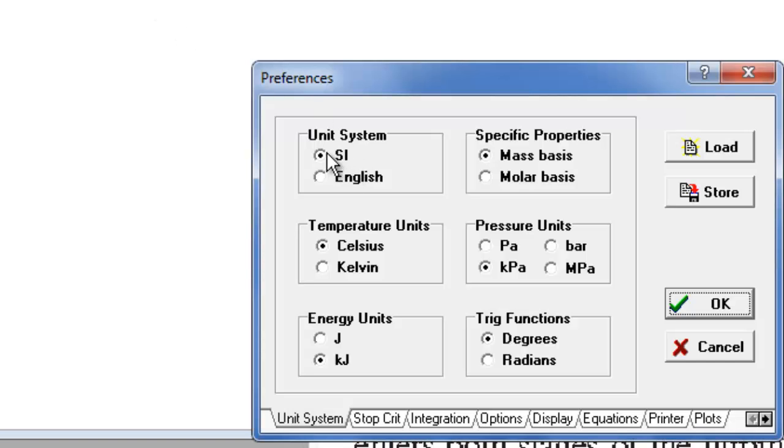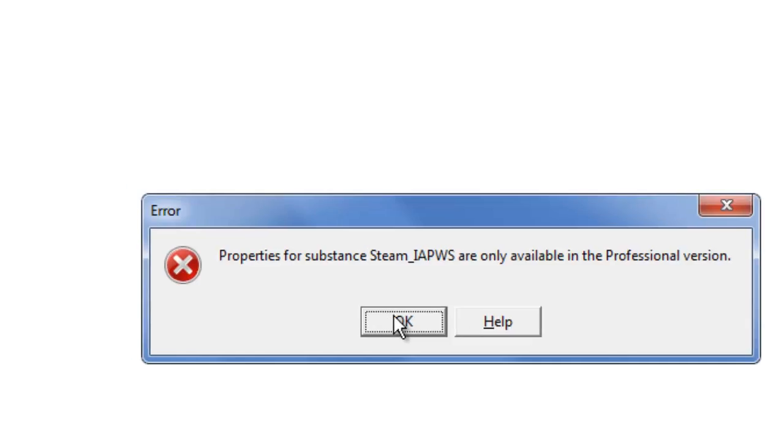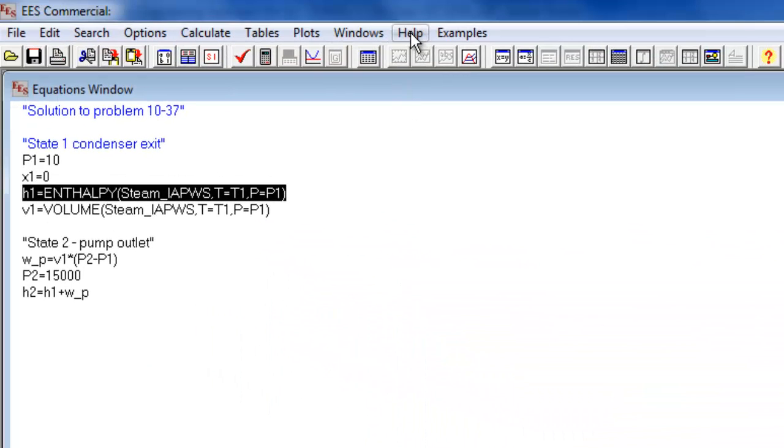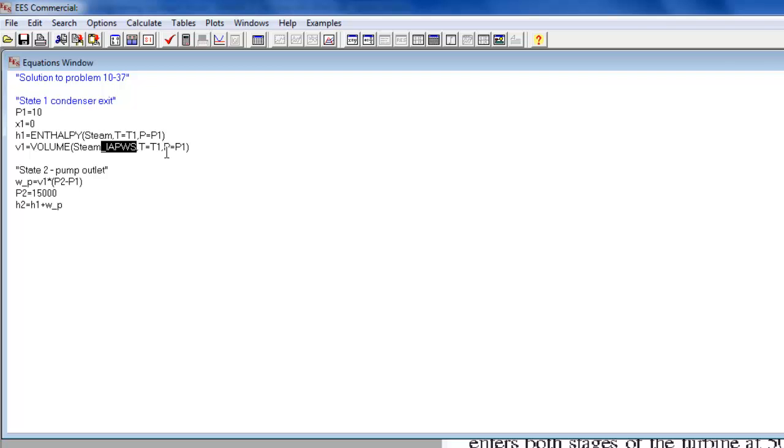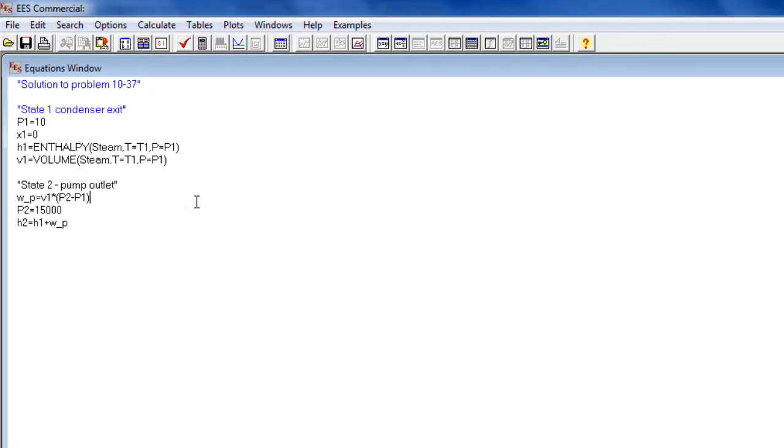First, we check that our unit system is consistent with our solution. It's okay. Oh, I remember why we would use this one. This is a more accurate formulation.